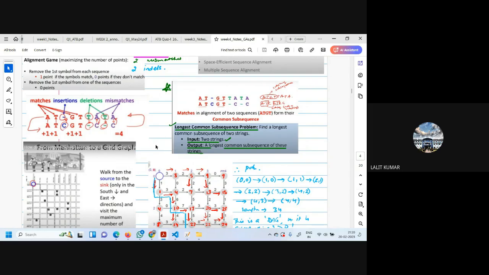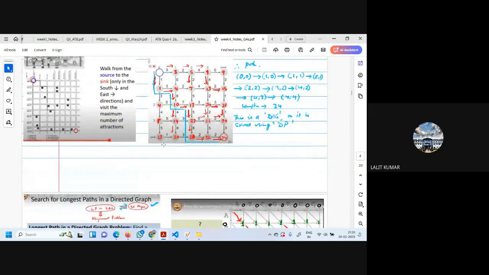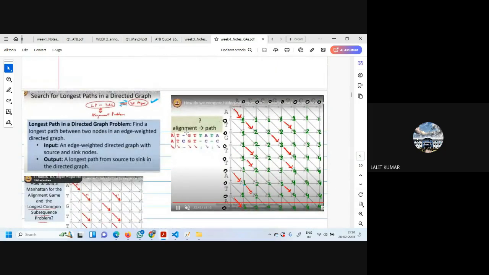So using this dynamic programming, we can find the maximum common subsequence also. Taking an example from Manhattan, like in dynamic programming, we make a table and we remember the values existing in that table, so that when we revisit, we know that value and can take that value and use it. That's why dynamic programming is efficient.